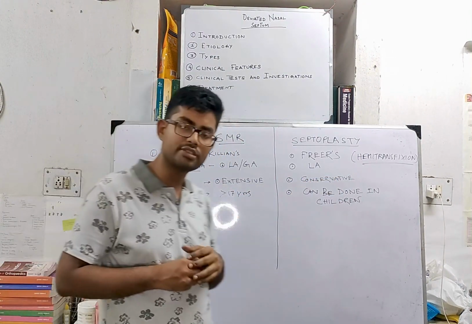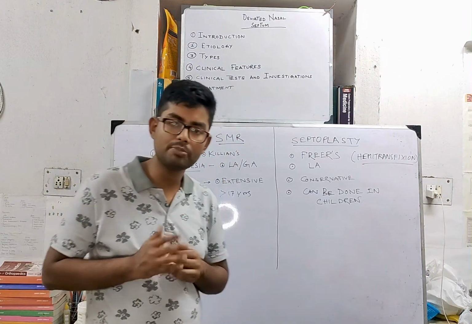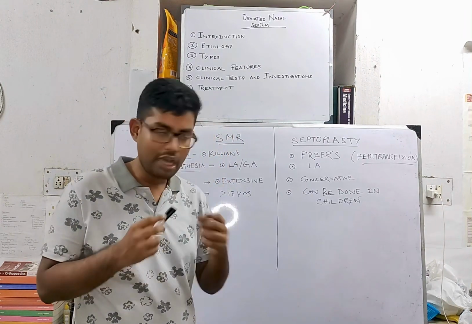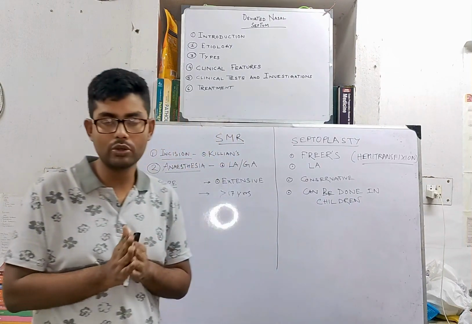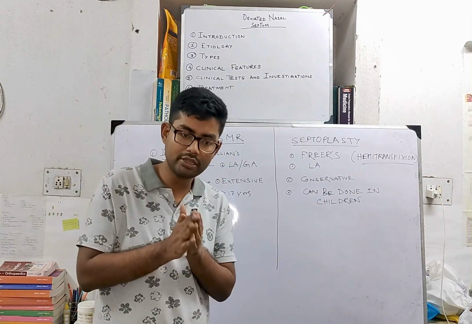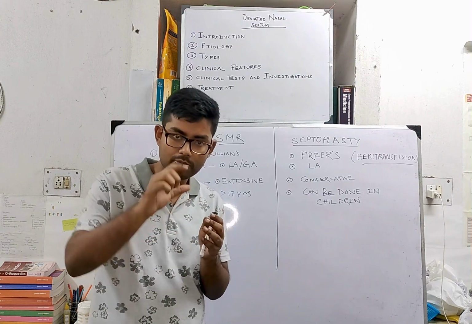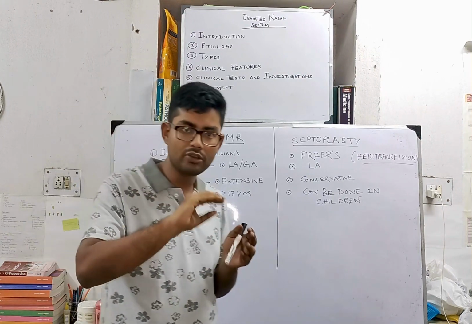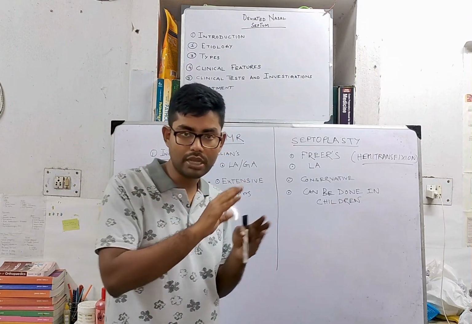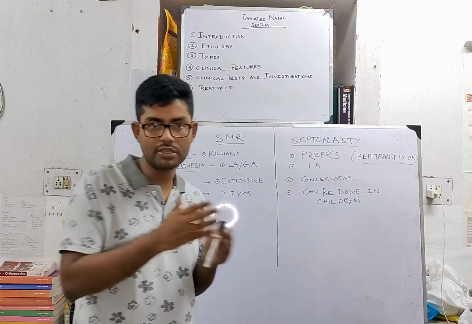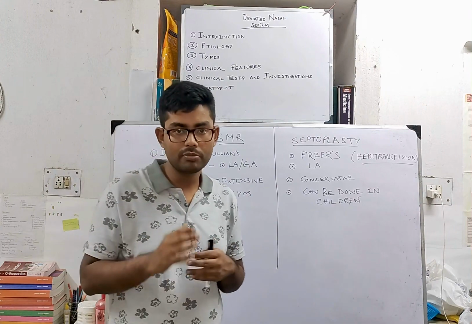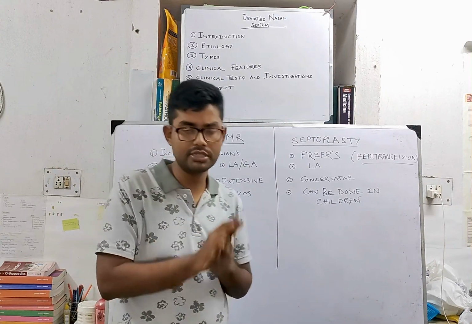Why is this extensive? While performing a submucosal resection surgery, after the incision we'll start lifting the mucoperichondrial flap. Basically we'll be separating the mucous membrane and the perichondrium, as well as the periosteum, from the osteocartilaginous framework of the nasal septum proper.